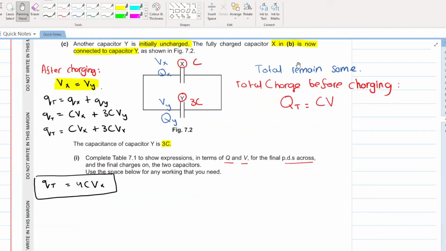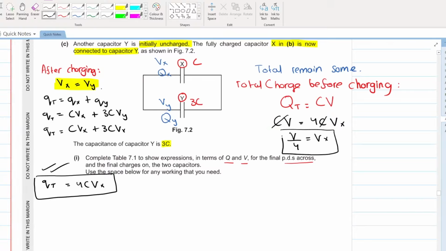Now total charges before charging and after charging are the same. Can you equate both of them? Yes. CV, that is this total charge, is equal to this total charge, 4C Vx. C cancels out. V over 4 is equal to your Vx.